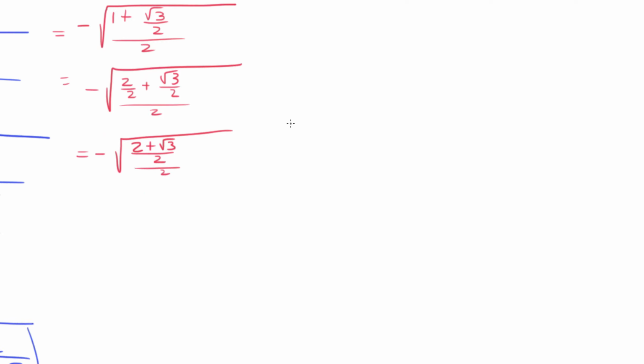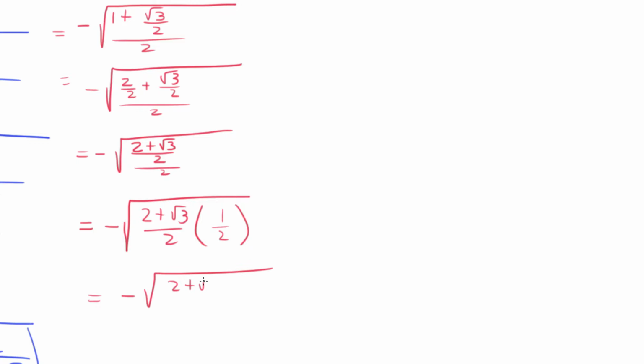And again, it might be tempting to say 2 over 2 is 1. That's not what's going on. This is a fraction divided by a number. It's the same thing as the fraction times the reciprocal of the number, which is 1 over 2. So you're left with negative radical of 2 plus radical 3 over 4.